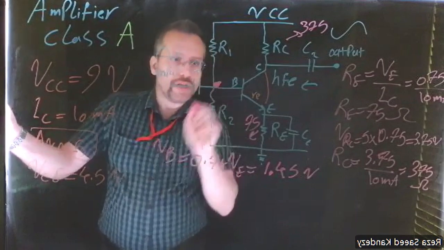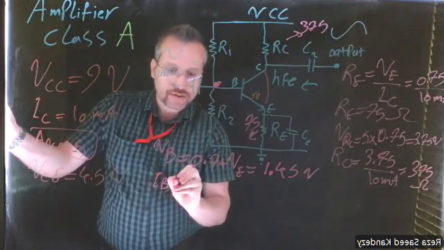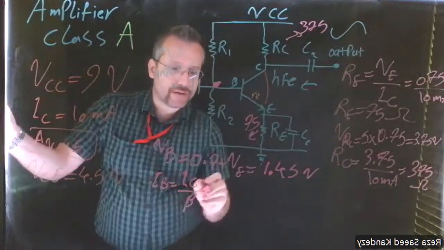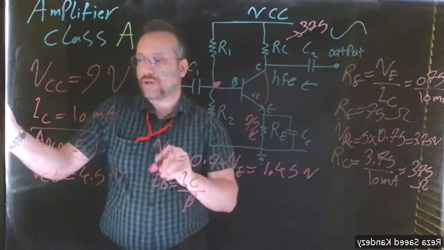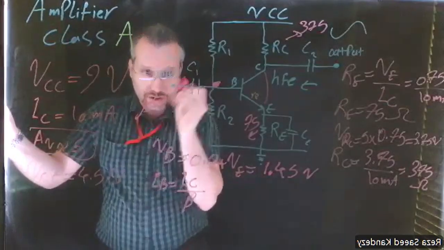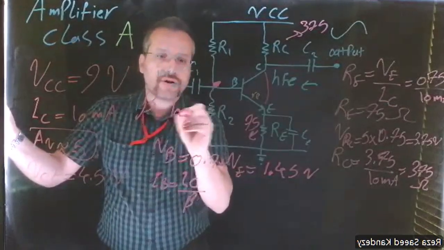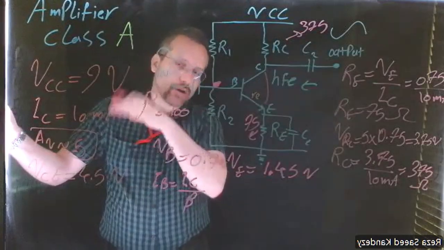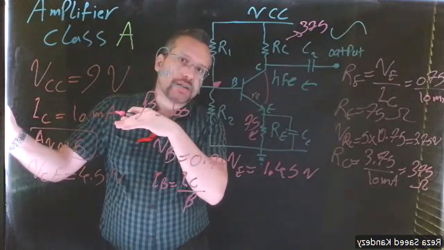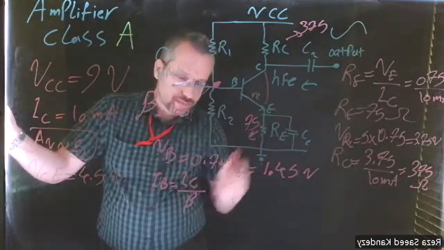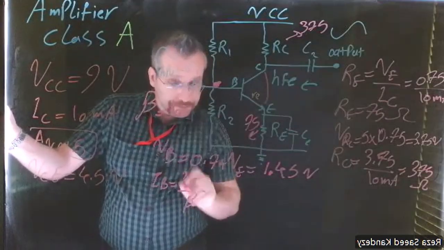Now, what is our base current? Our base current is the collector current over beta. Let's consider our beta as 100 for ease. It's not going to be exactly 100, so you are going to see in the experiment that it is different than this number, but let's go for 100.